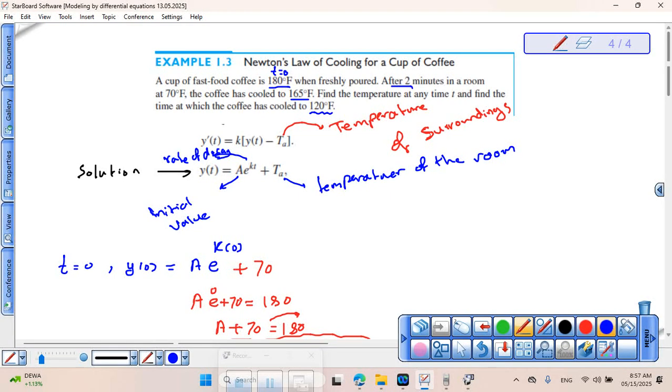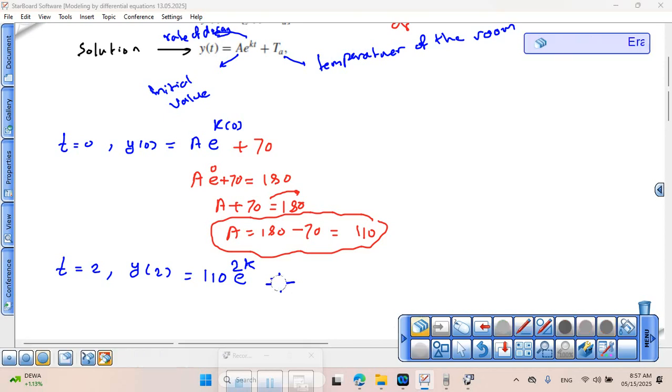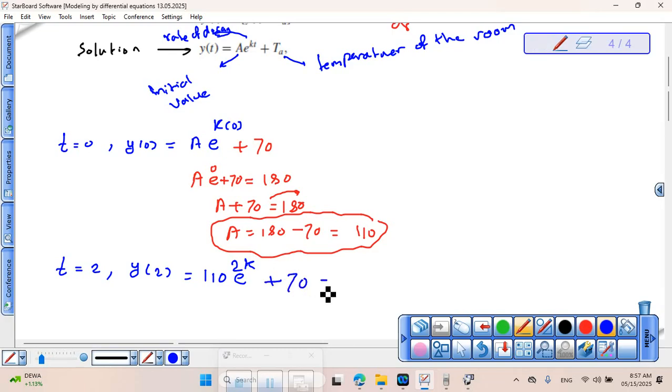We can write, after 2 minutes, y at 2 equals A, which is now known, 110 e to the power k times 2, that is 2k, plus 70 equals 165.